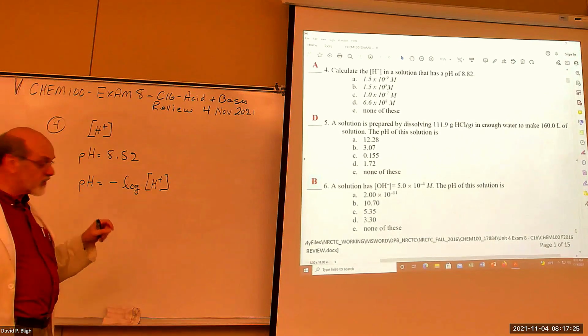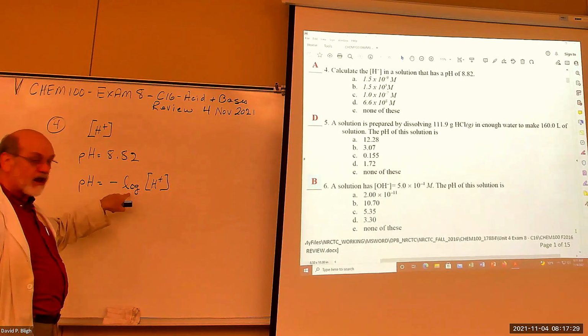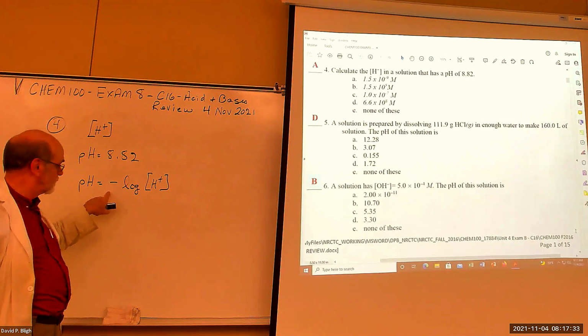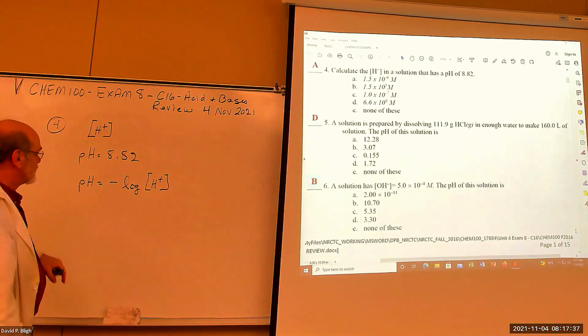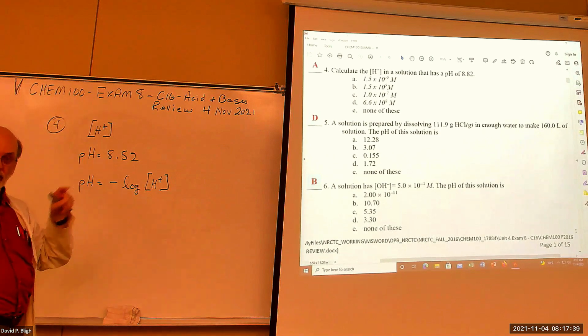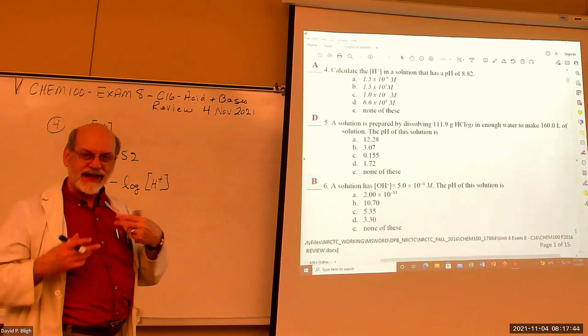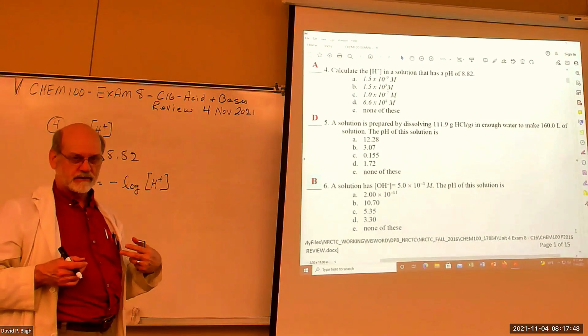So all you need to know is this value, take the log of it in your calculator, and then change the sign. And you have pH. So this problem is working in reverse. In order to understand how to solve this problem, you need to know how logarithms work.